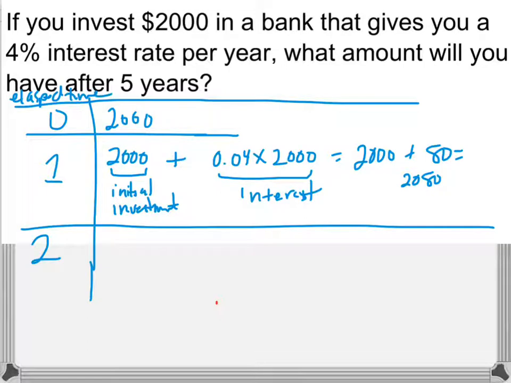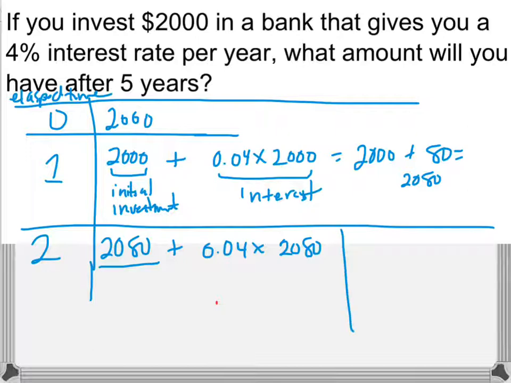So at the end of 2 years, you take your $2,080 and you add to that 4% of the $2,080. Okay, so this is called compounding. So instead of taking the original 2,000, you take the new 2,080 and add 4% of that.